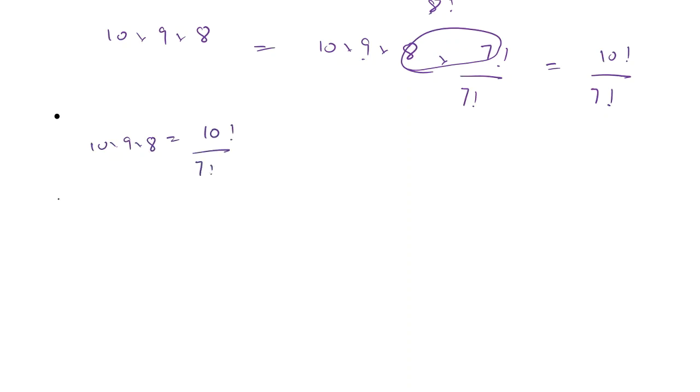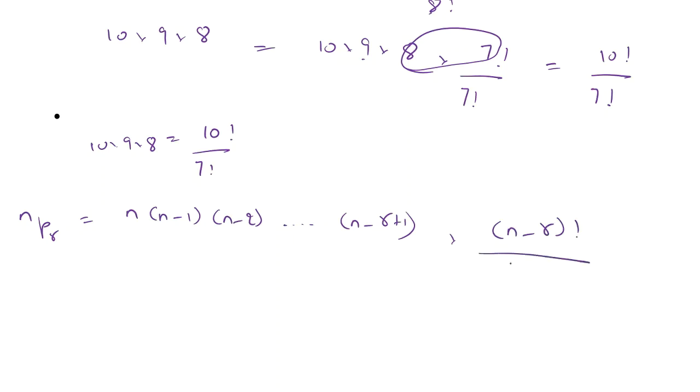So similarly, nPr is equal to n times n minus 1 times n minus 2, so on up to n minus r plus 1. Now what we are doing is multiplying and dividing by n minus r factorial.